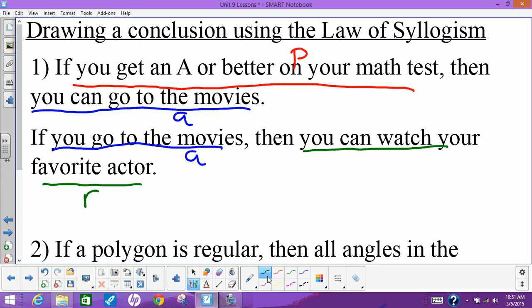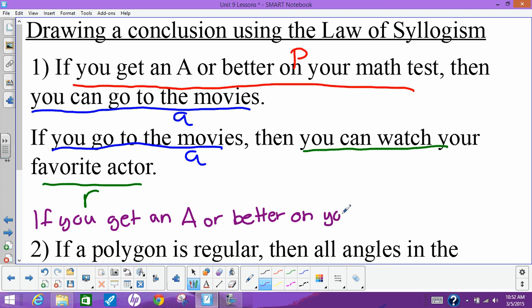So we can write a new statement. If you get an A or better on your math test, and we'll use R at the end, then you can watch your favorite actor.